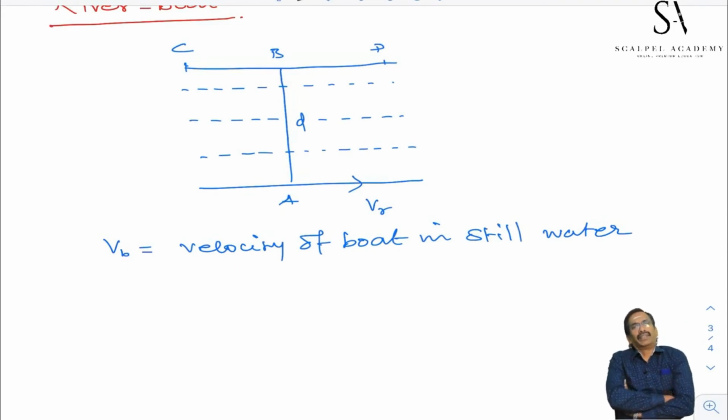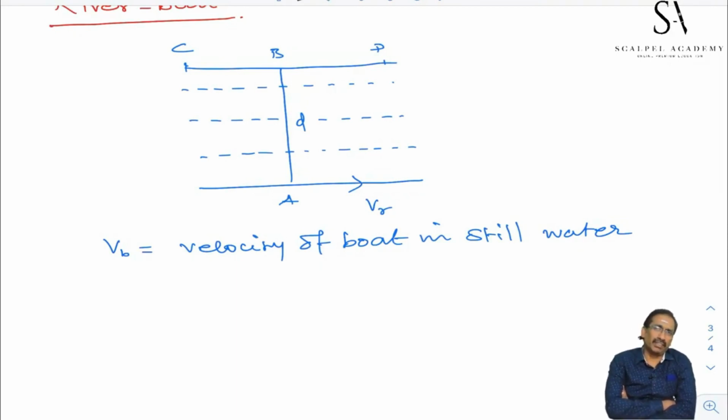Whatever may be the angle, it can. But in one case, the boat can cross the river in the shortest path. In another case, it can cross the river in the shortest time, no matter where it reaches the other bank.